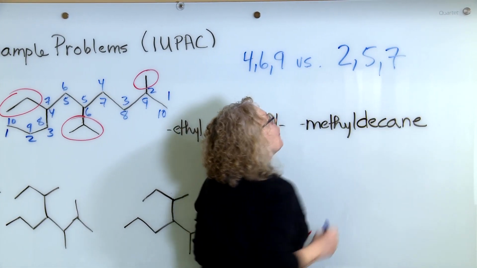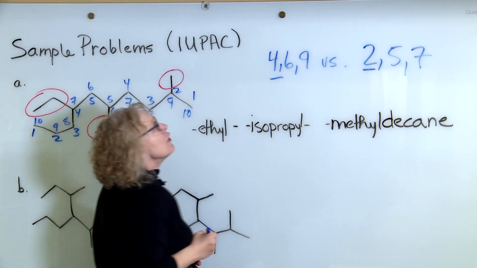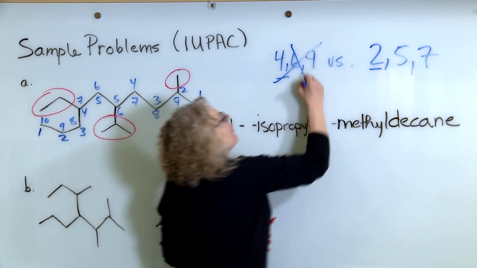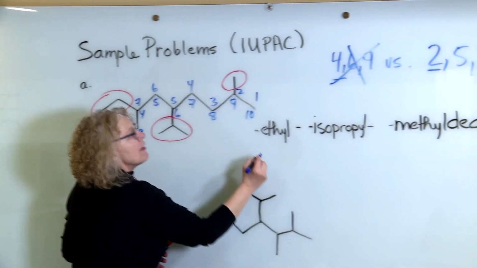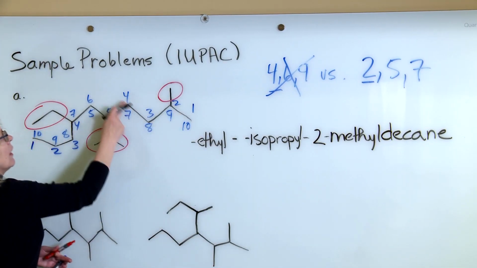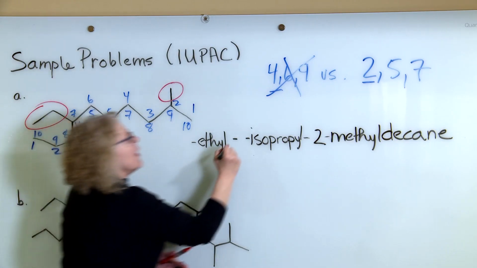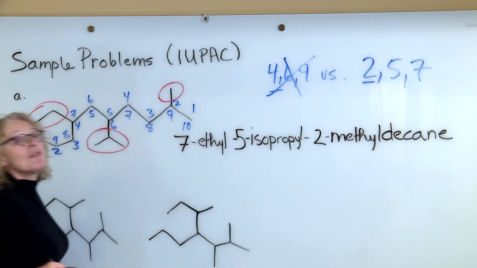And we look at the first point of difference, which in this case happens to be the very first number. 2 beats 4. So this is a 2, 5, 7. The methyl comes at 2. The isopropyl comes at 5. And the ethyl comes at 7.